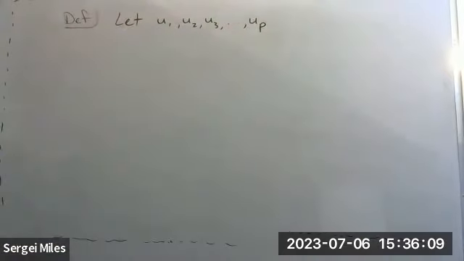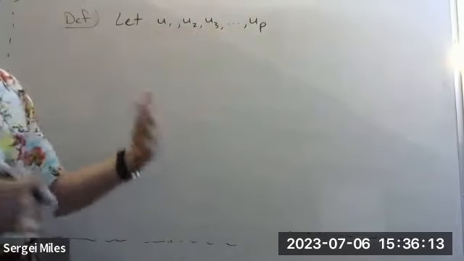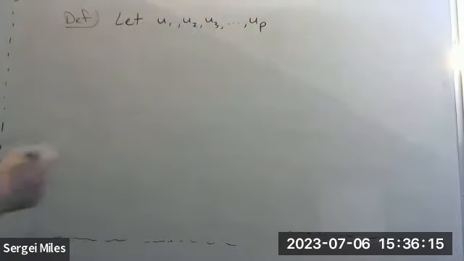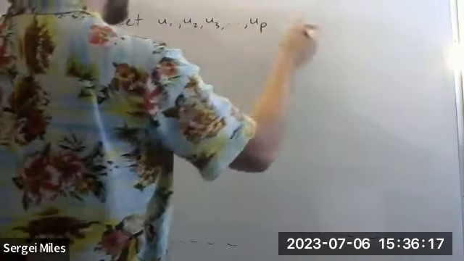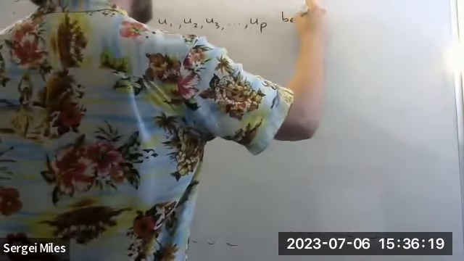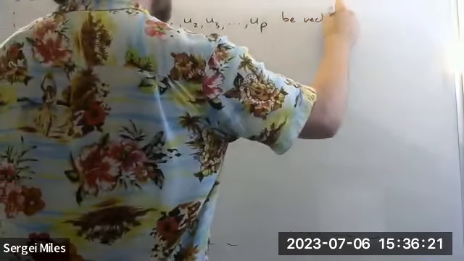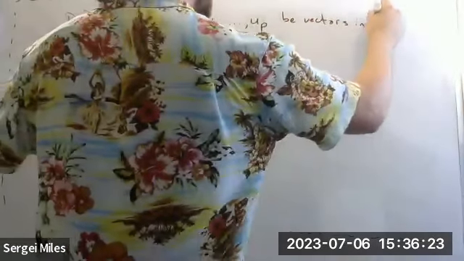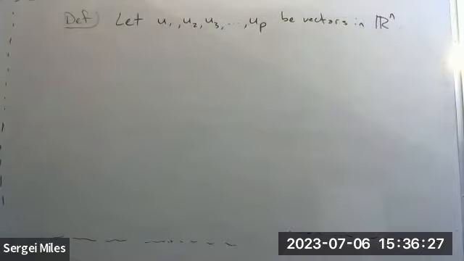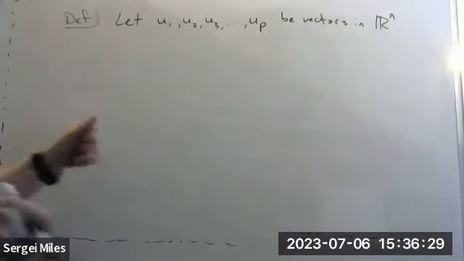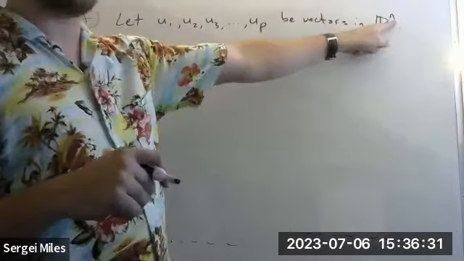So remember this subscript notation. I'm just using the subscript to indicate which u I'm talking about. Let u1 through up be vectors in R to the n. Now, in this definition, I haven't specified what dimension this is. This is just dimension n.